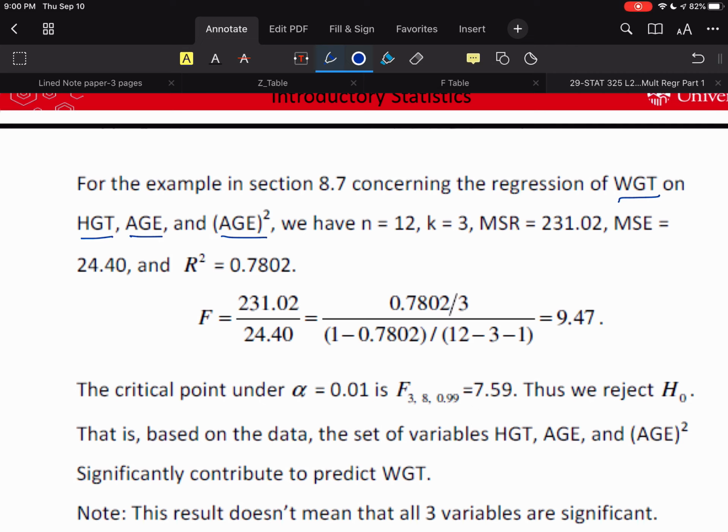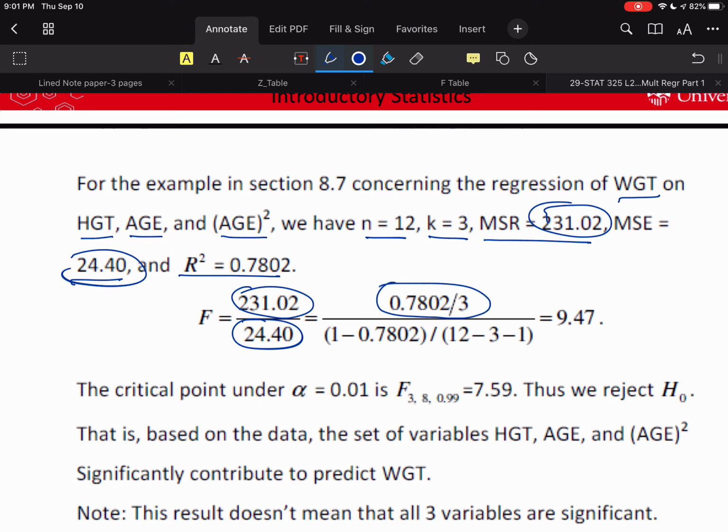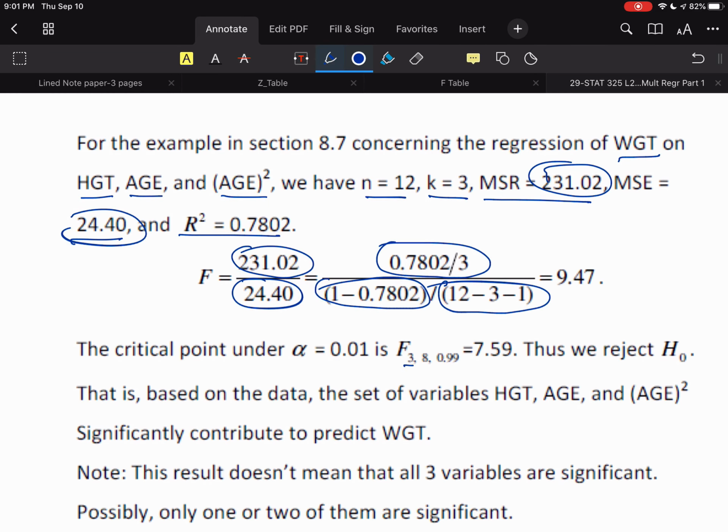So we have n equals 12, k equals 3, MSR is here, MSE is here, and R squared is here. We can calculate F using MSR, 231, divided by MSE, but we can also use R squared divided by k over 1 minus R squared over the degrees of freedom of the error. And the critical point is F with 3 and 8 degrees of freedom at 0.99, 1 minus alpha.